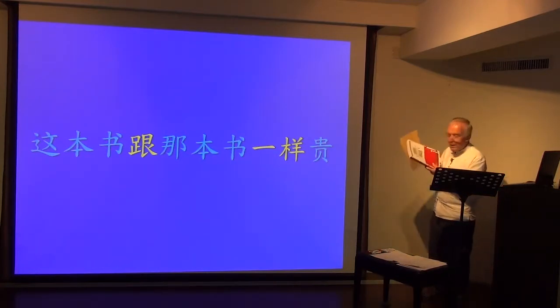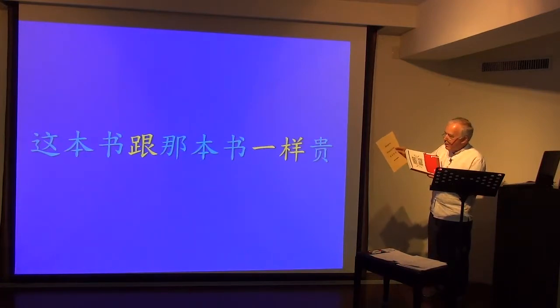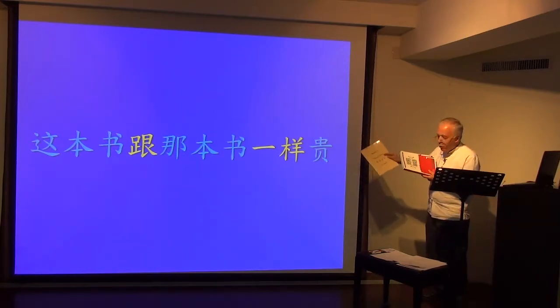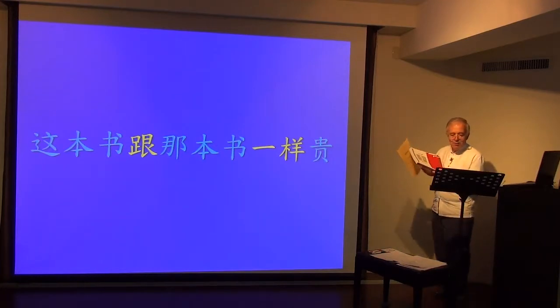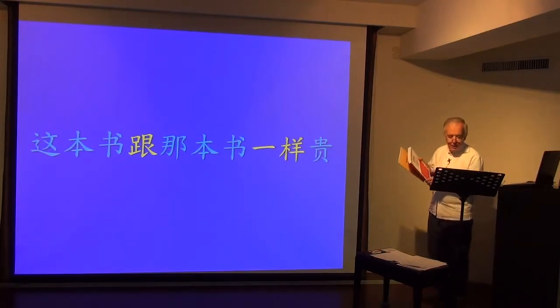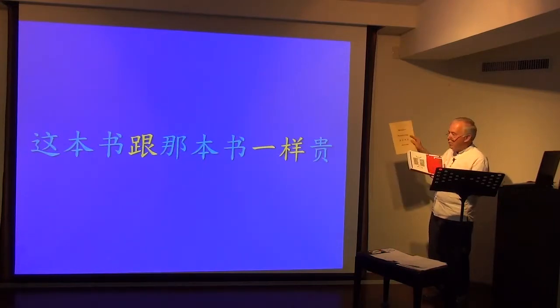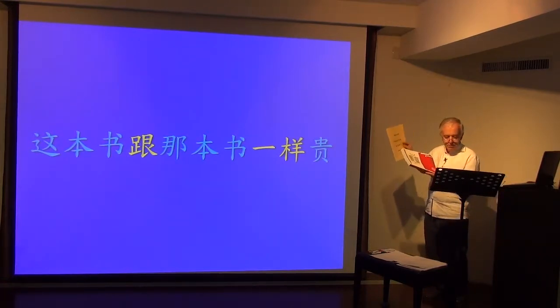And so similarity or difference is expressed by putting one of the objects, nouns, before 跟 and one after, and then 一样, and then in what way they're different. This is different from English. The English would be, this book is the same as that book, where Chinese says this book and that book are the same.